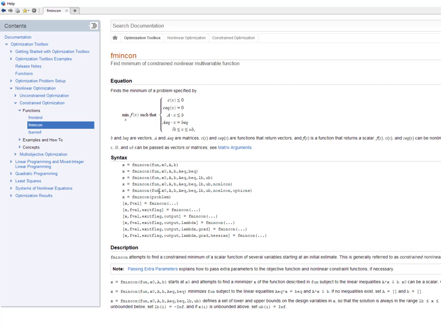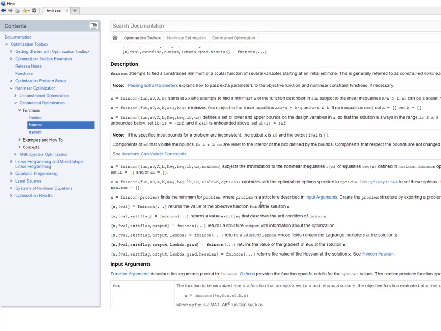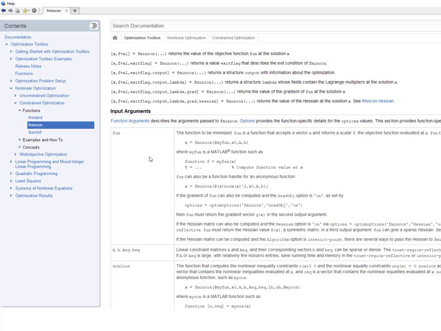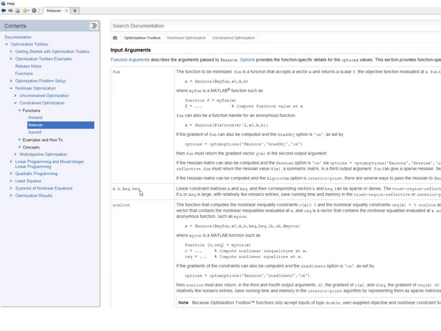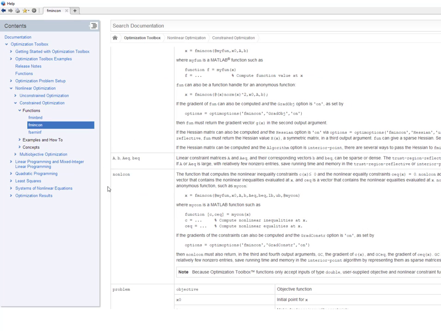So the objective function has been introduced using this function over here, and the nonlinear constraints have been added using this function over here, and then it's explained over here how to write the objective function and how to write the function for the constraints. And you have indeed nonlinear inequality constraints of the type smaller or equal, or nonlinear equality constraints.